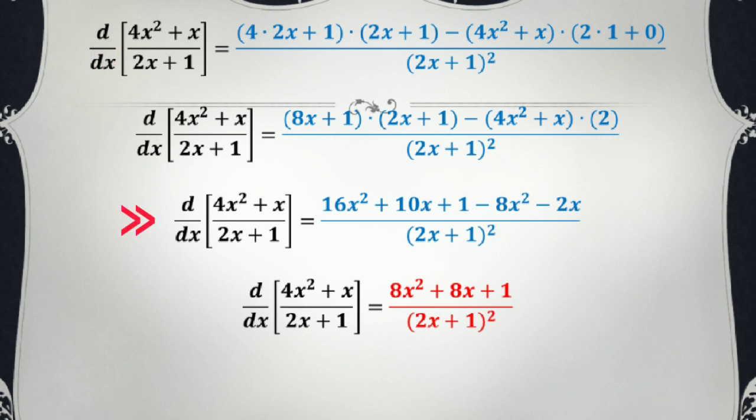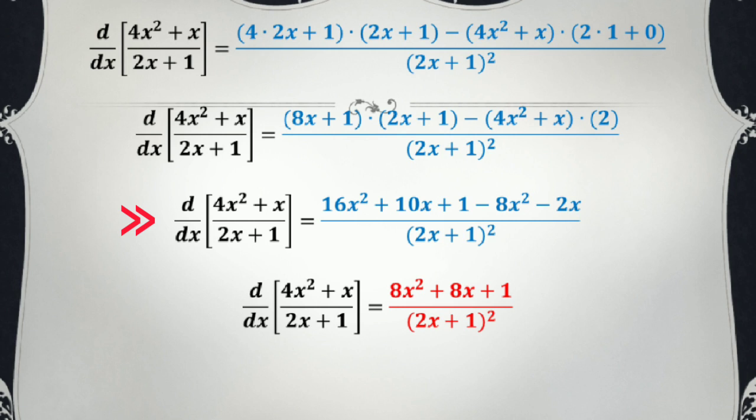So, 8x plus 1 times 2x plus 1 results to 16x squared plus 10x plus 1. And 4x squared plus x times 2 results to 8x squared plus 2x.